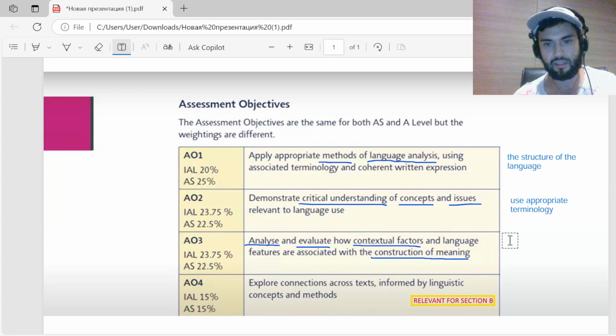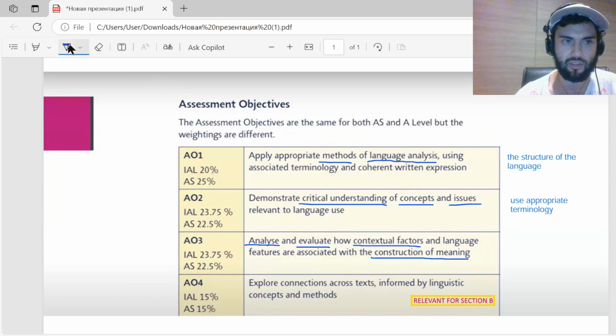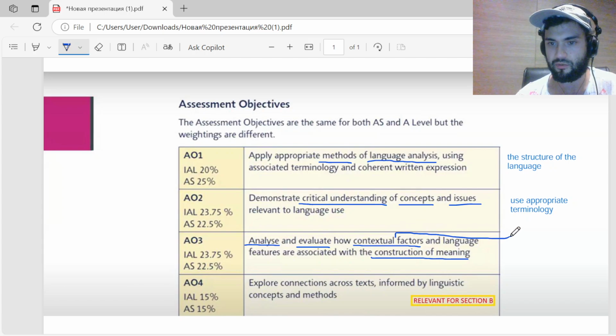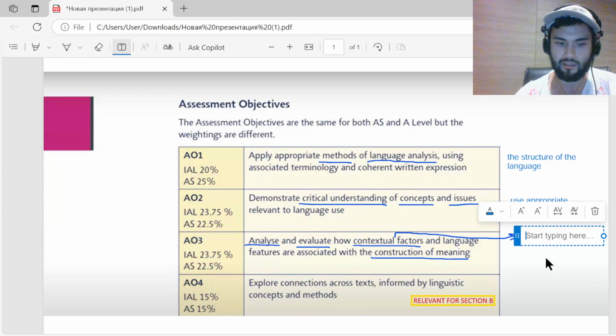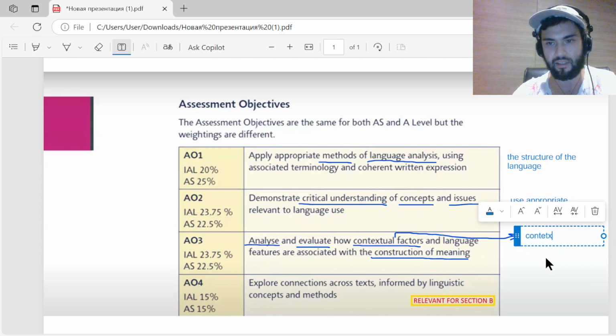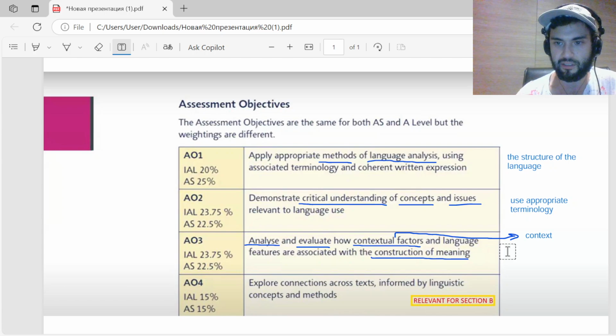In other words, speaking of the contextual factors, you can easily jump to the section of Unit 1, and this is simply the context, which is function, field, mode, audience, and tone, right?